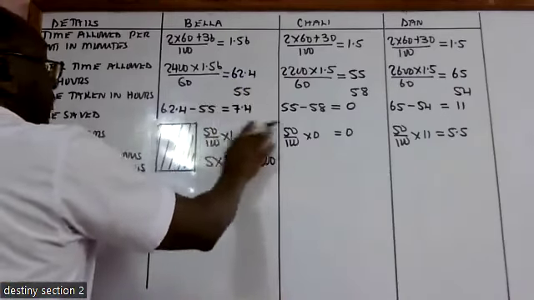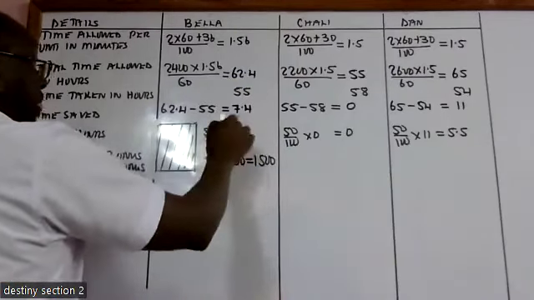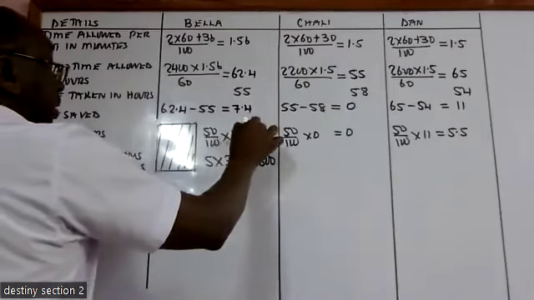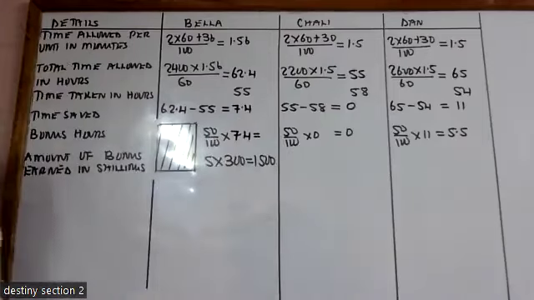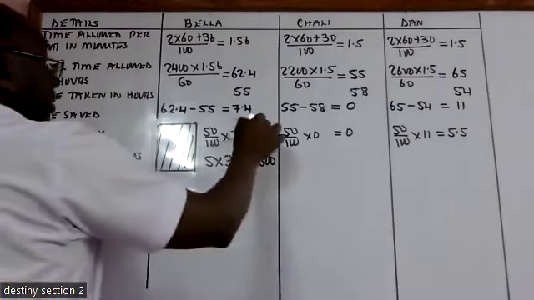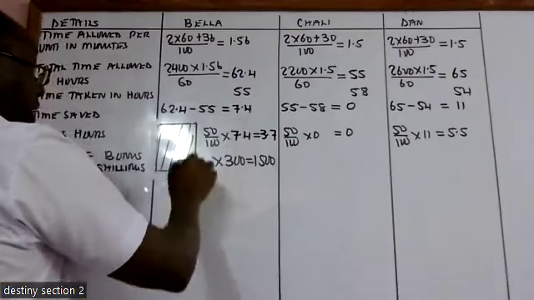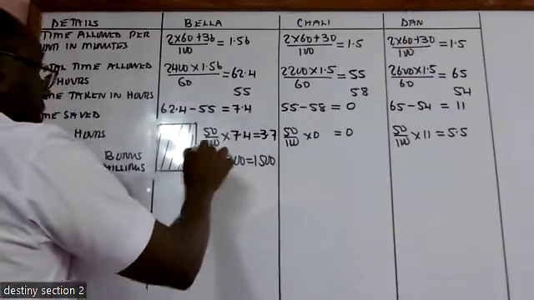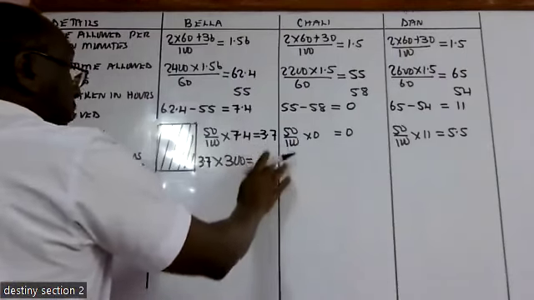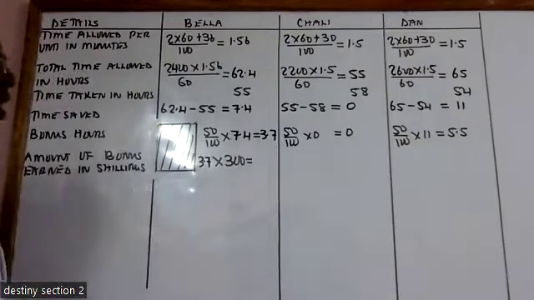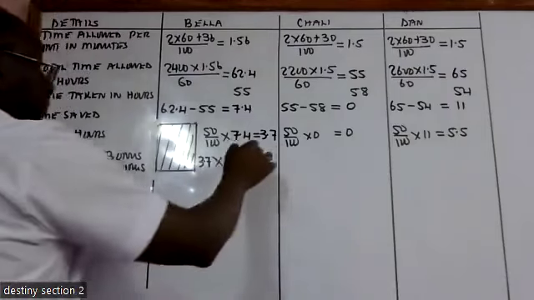So 7.4, when you find 50%, it is going to be what? 3.7. So that 3.7 is what we carry here. So tell me 3.7 when you multiply by 300 is 1110.